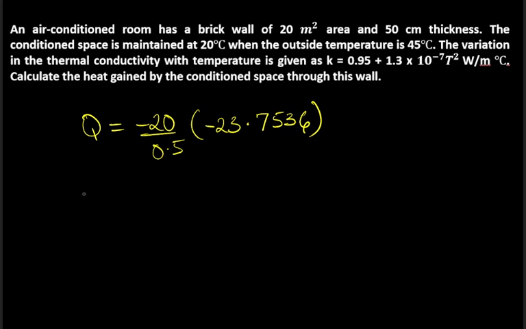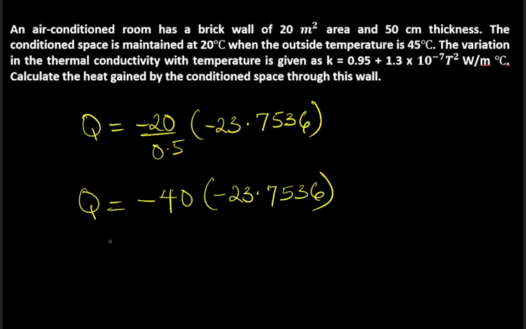Minus 20 divided by 0.5 will yield minus 40, into negative 23.7536. We are going to multiply these two values to get our heat gain.